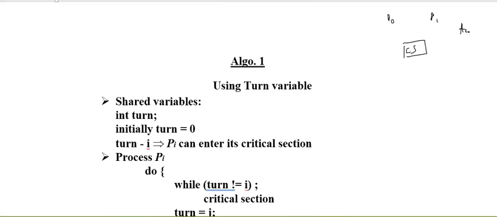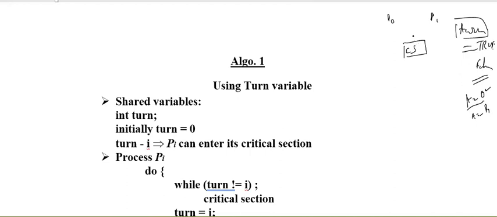I'll give a variable called turn, which is either true or false. It can hold only one thing. Or in other words, if turn is equal to 0, it means P0. If turn is equal to 1, it means P1. Because turn is a variable, it can hold only one value at a time.